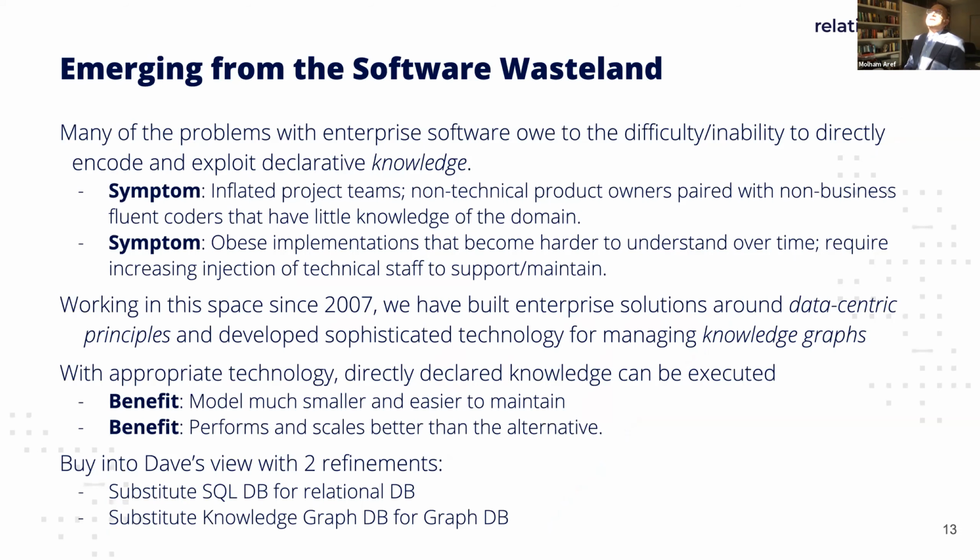One symptom of this is you end up with large inflated project teams with non-technical product owners who know the domain, paired with non-business people who are fluent coders, but who have little domain knowledge, and frankly, often don't care about the business that they're working in, and the ensuing tension that comes out of those kinds of interactions.